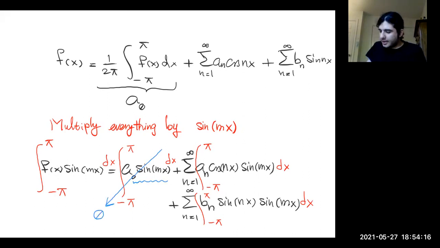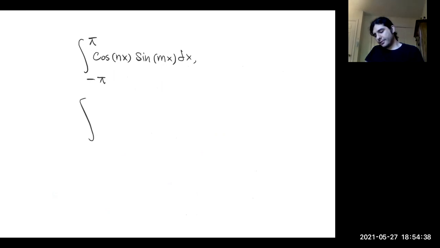What about the other integrals? We have two kinds of integrals here. One sort is of the form integral of cosine of nx sine of mx from minus pi to pi dx. And the other sort of integral is sine of nx cosine of mx dx from minus pi to pi.